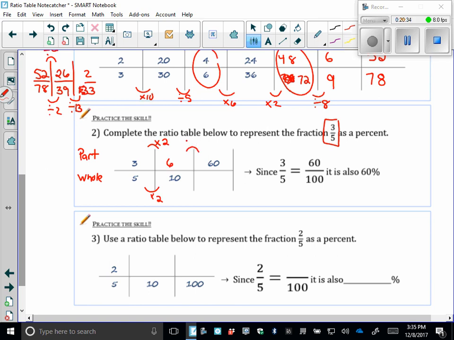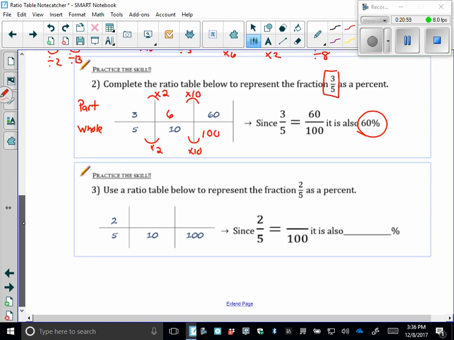And now if I times by 10, Lily, what will I have? 60, and what's 10 times 10? 100. So 60 per 100 means 60%. So you guys, that's how you change a fraction to percent.